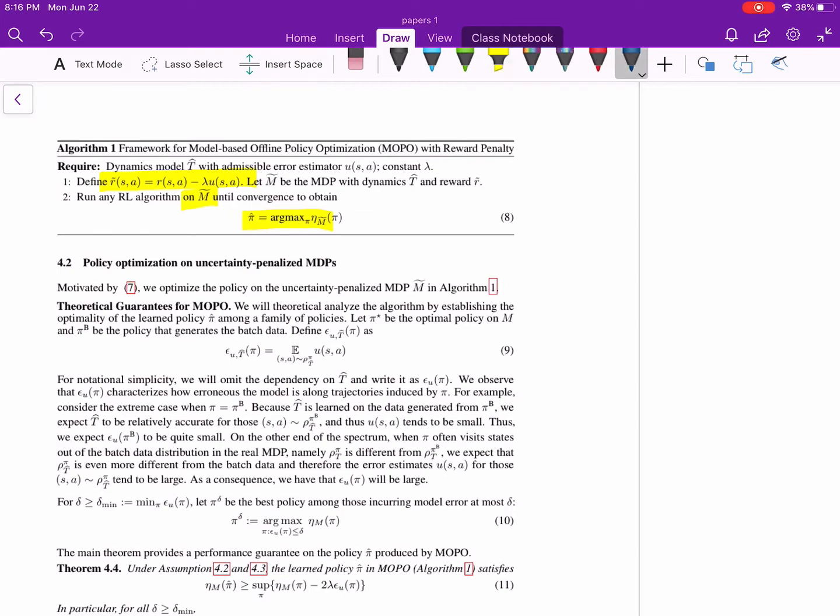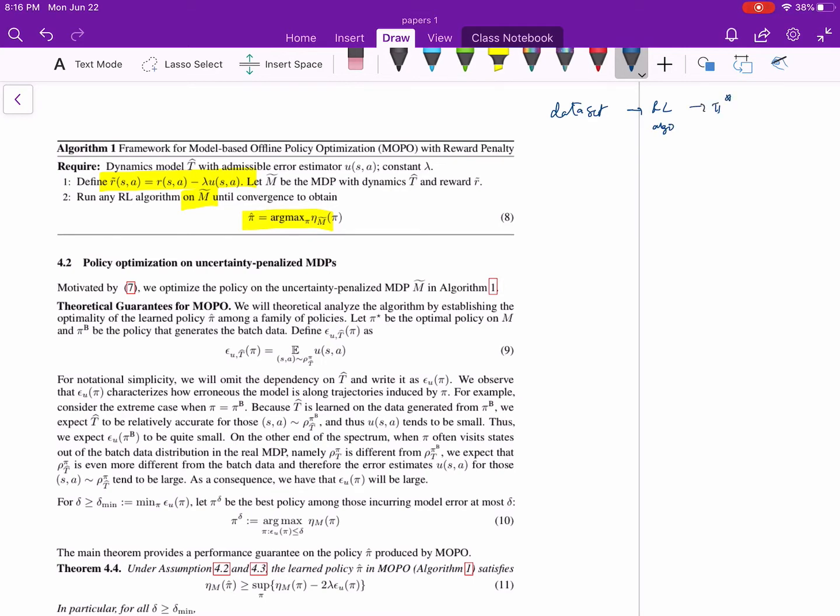So this is not a pure offline RL algorithm where you would just run RL based on the data set and output pi star.